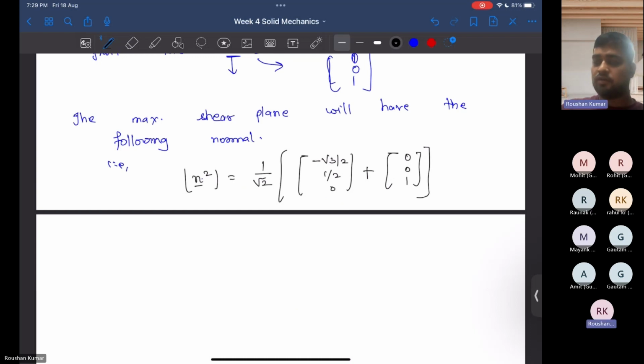We take the resultant because the maximum shear plane makes an angle of 45 degree from the two principal planes, lambda 1 and lambda 3. So it gives us 1 by root 2 times minus root 3 by 2, 1 by 2, 1. So this is the plane corresponding to maximum shear stress.